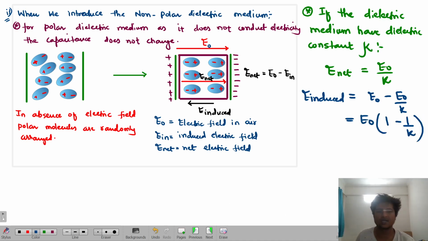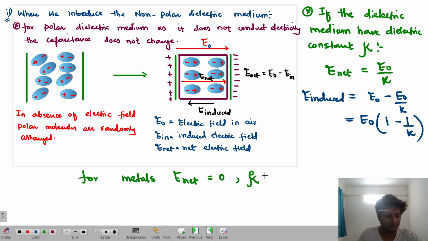Is that clear? Now remember that for metals, as we considered, E net is always equal to 0 because the kappa value is infinite for metals. Are you able to get me or not?